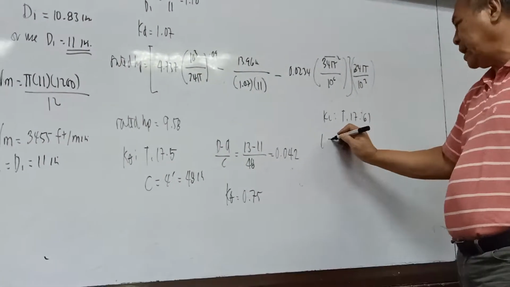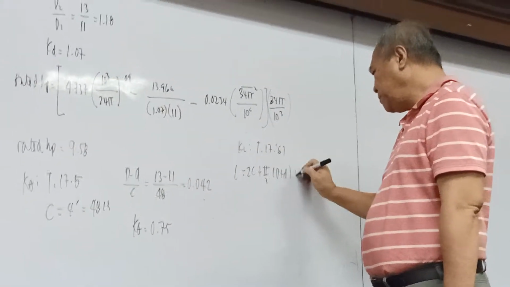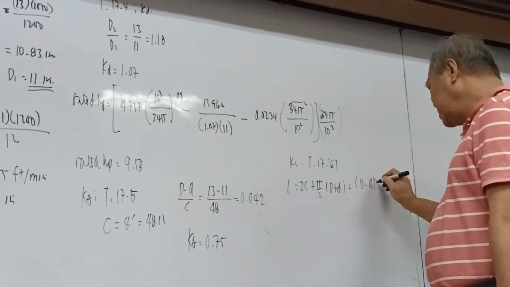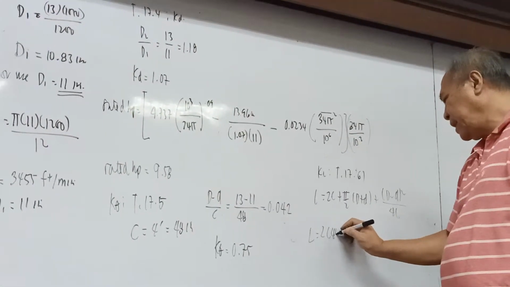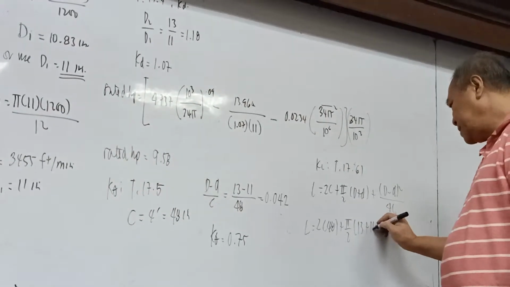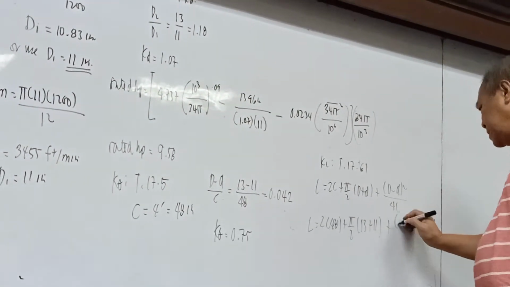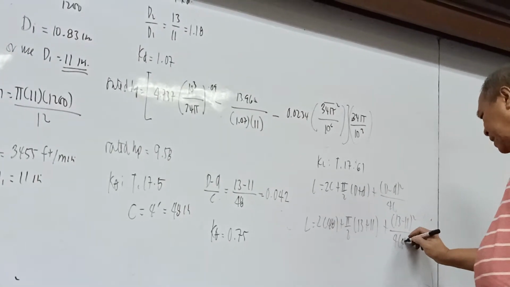But, N will be 2C plus pi over 2, D plus D plus D minus D squared all over 4C. So, 2 times 48 plus pi over 2, 13 plus 11 plus 13 minus 11 squared all over 4 times 48.